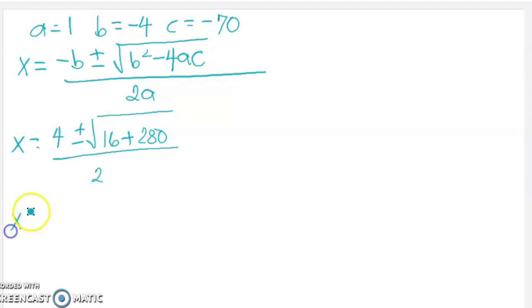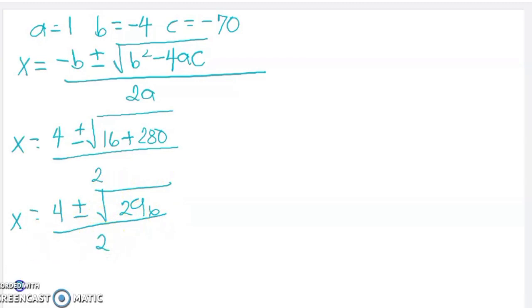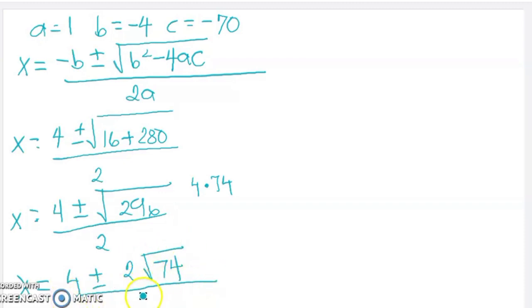So, x is equal to 4 plus or minus square root of 296 all over 2. Si 296 has a perfect square factor. So, 4 times 74. So, we can write this as x is equal to 4 plus or minus square root of 4 is 2 square root of 74 all over 2.